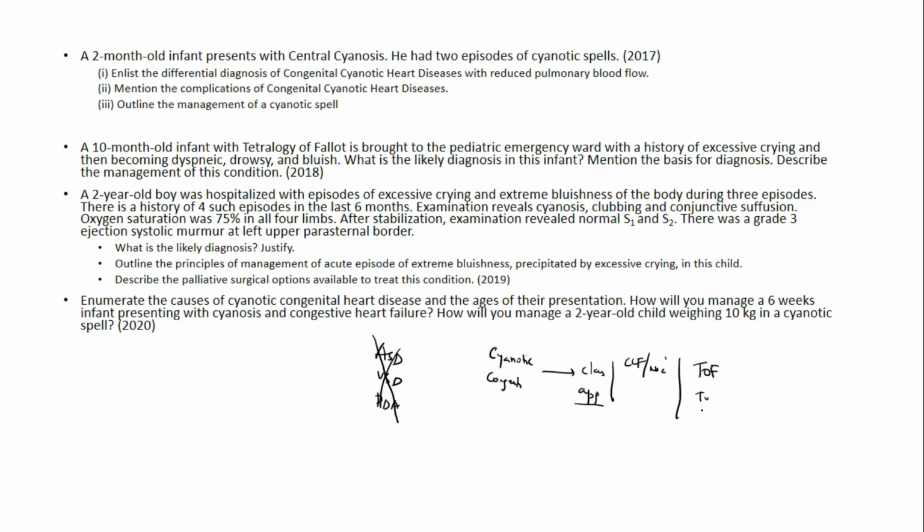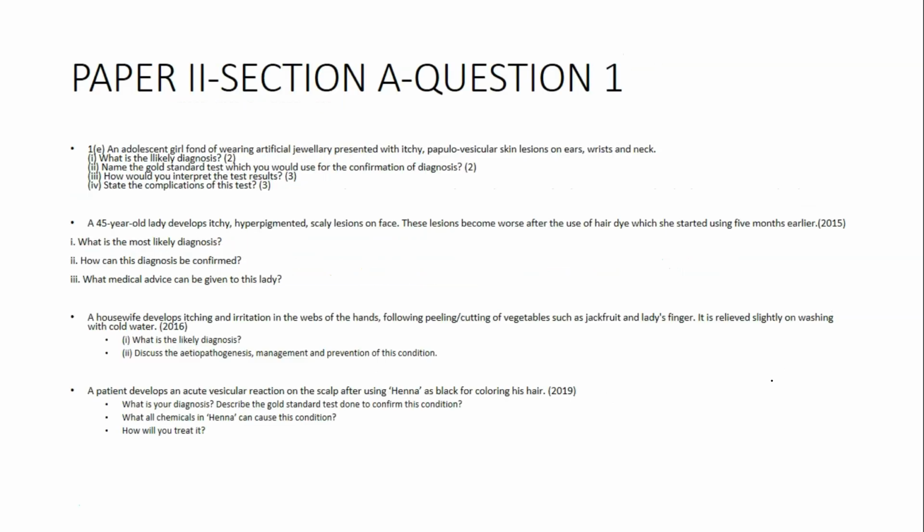We have tricuspid atresia, we have pulmonary stenosis with VSD. Whatever it is, the only question comes from tetralogy of Fallot, which is the most common cyanotic congenital heart disease worldwide. So if you are thorough with TOF and management of a cyanotic spell, it is very important. So it's a predictable topic again from pediatrics.